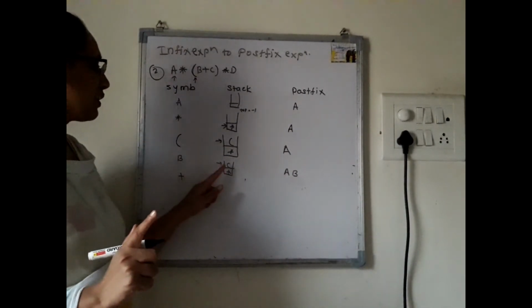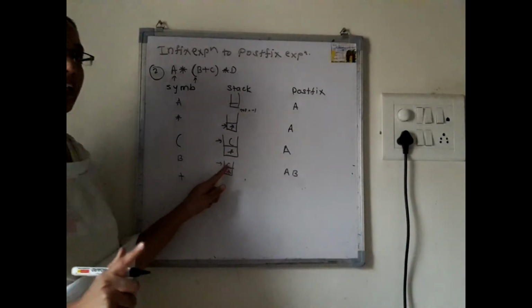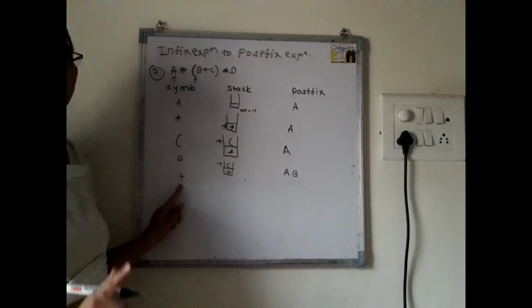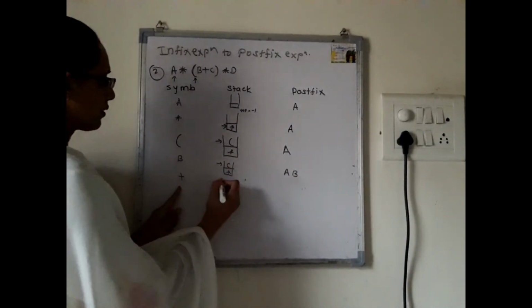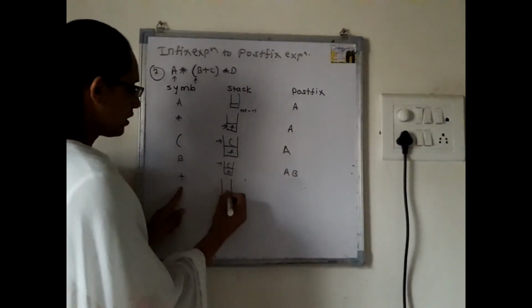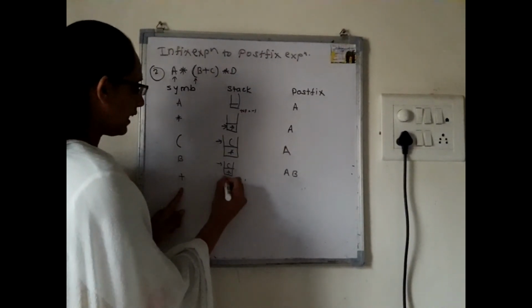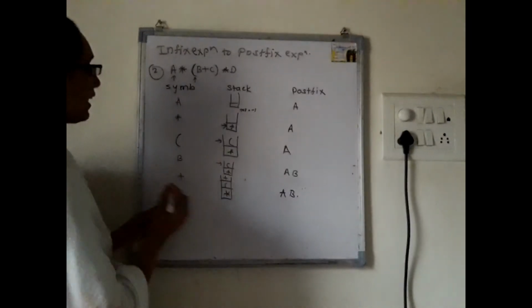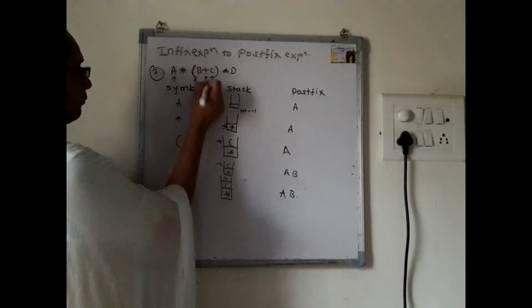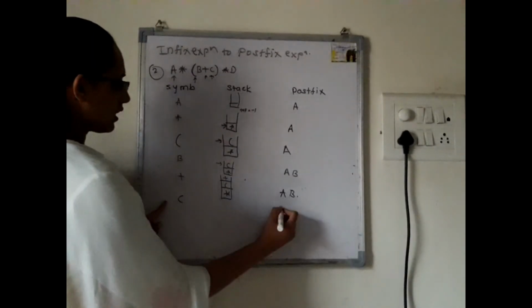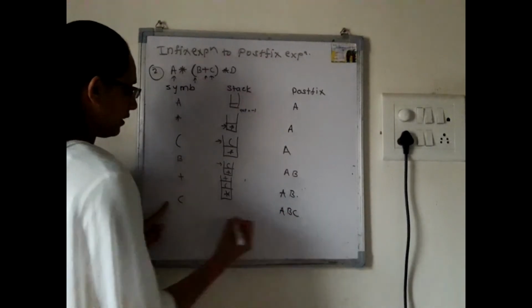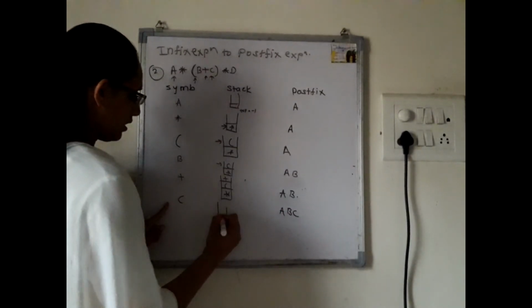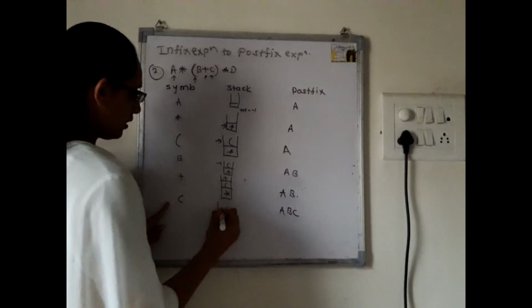So 0 is not greater than or equal to 1, and we push this plus into the stack. So star, opening bracket, and then plus; A and B. Next is C. C is again an operand. The stack has star, opening bracket and plus.